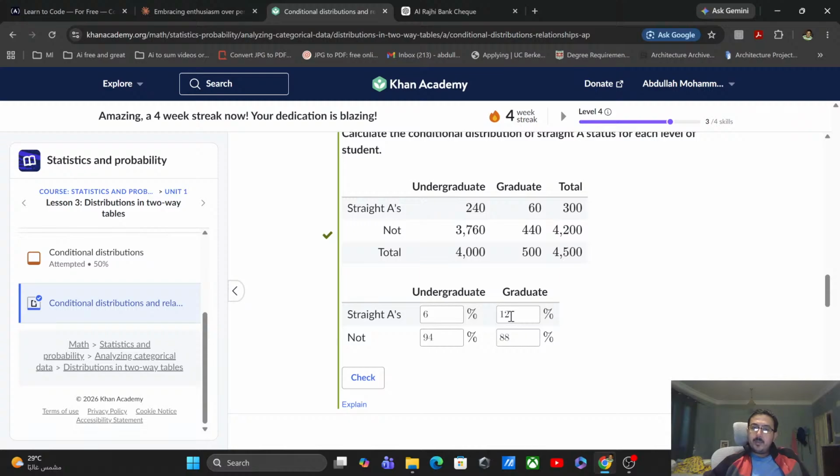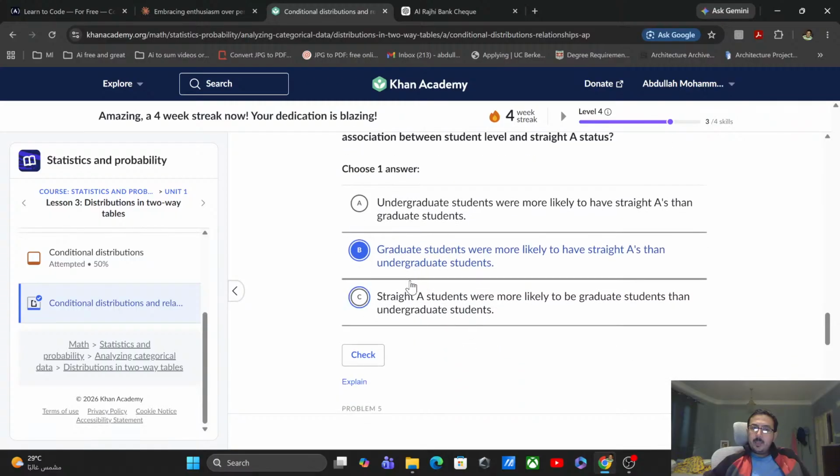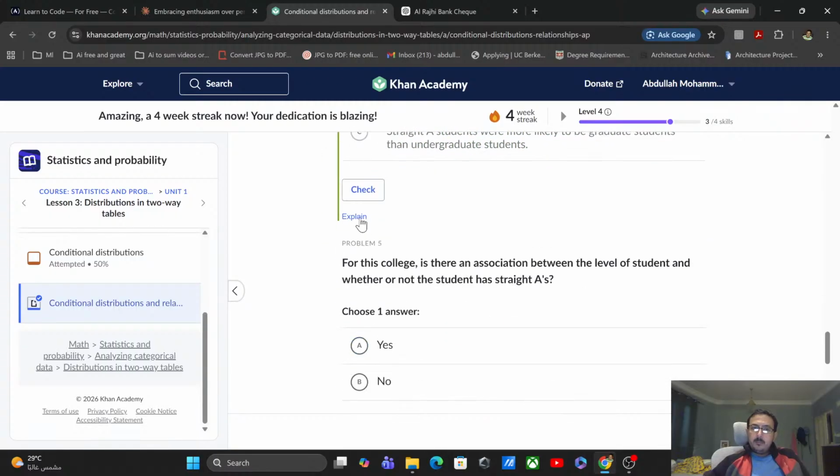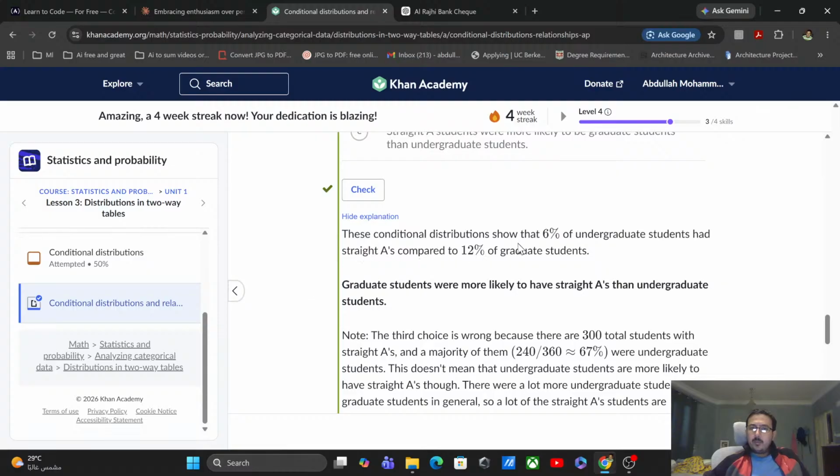Back here at the percent, I needed to explain. Okay, explain these conditional distributions. 6% of undergraduate students had straight A's compared to 12% of the graduate students.